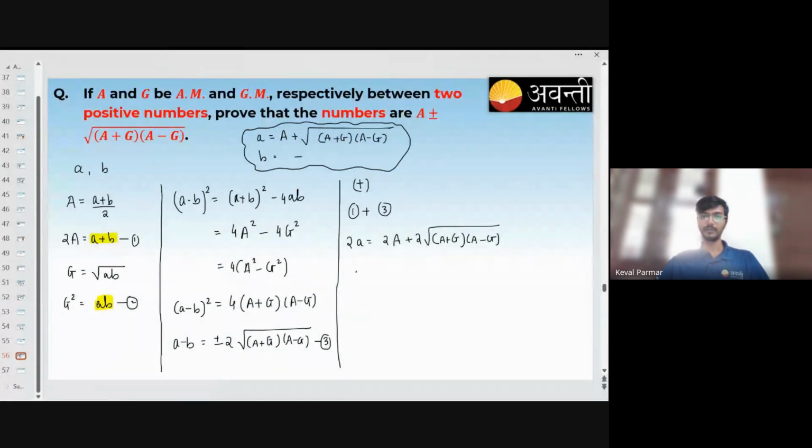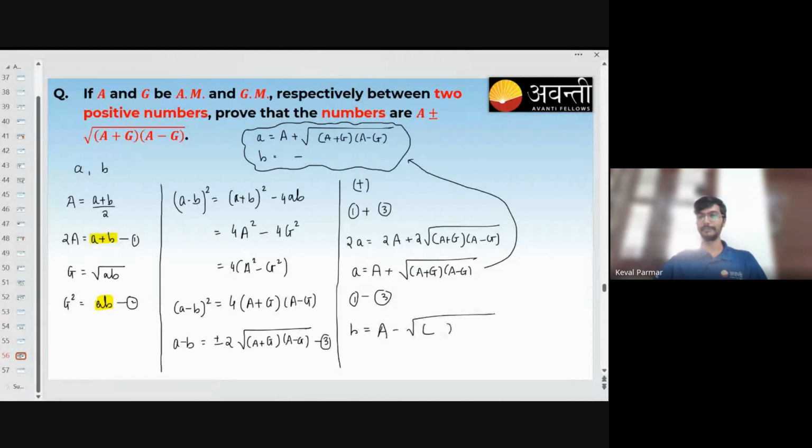I can cancel out 2, so I'll get a equals a plus under root of (a plus g) into (a minus g). See, same thing we got here. Similarly, if I subtract 1 minus 3, I'm not doing the whole calculation, I'll get b as a minus under root of the same (a plus g) into (a minus g).